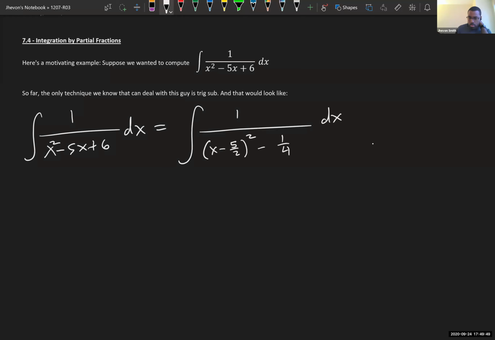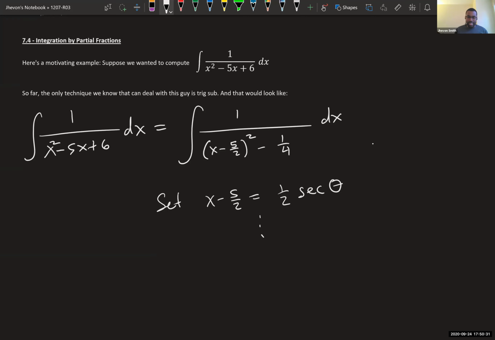Is that correct? 25 over 4 minus 1 over 4 is 24 over 4, which is 6. So yeah, I think that's right. Then you would do a trig sub. What would be the right trig sub here? Wouldn't x minus 5 halves equal 1/2 secant theta? Right, 1/2 secant theta. And then you'd continue.